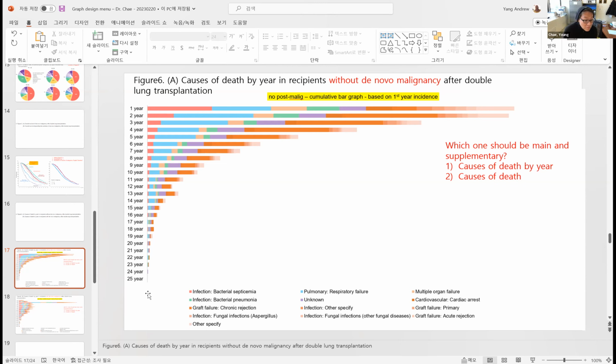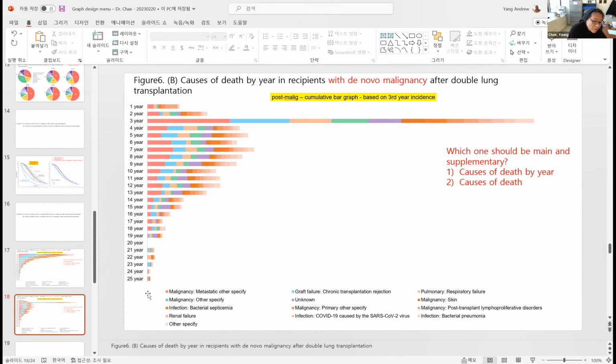So when you go to the next one, yeah, this de novo malignancy causing graft failure with chronic transplant rejection. So to me, this graph, malignancy and graft failure go hand in hand, at least in the 3rd year.